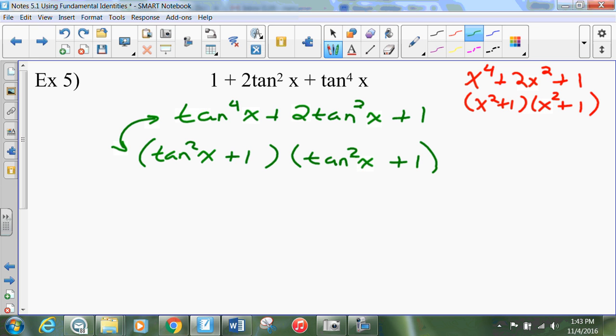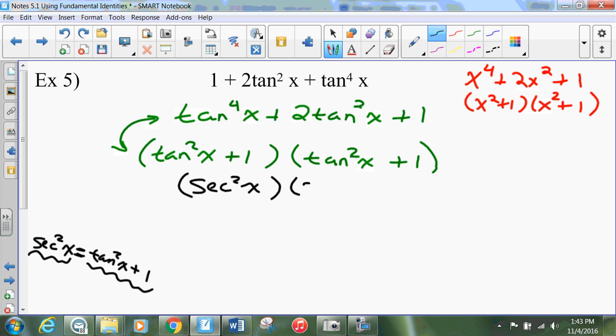And then this is very exciting because I know my identities, and secant goes together. So I have to remind myself secant squared x equals tan squared x plus 1. So I'm going to use substitution. The equal sign says what's on this side is equivalent to what's on that side. So when I see tan squared x plus 1, I'm going to substitute in secant squared x.